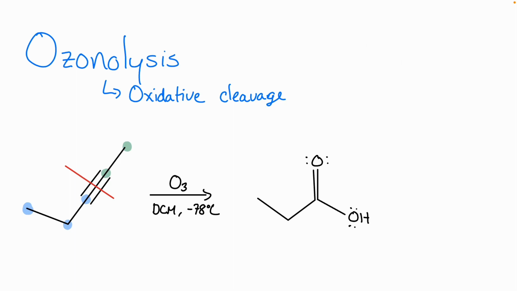So I get a 3-carbon carboxylic acid, and then my other fragment is 2 carbons, and again, another carboxylic acid. So this is where my green carbons made it off to.